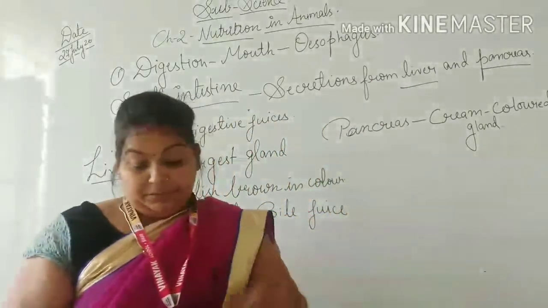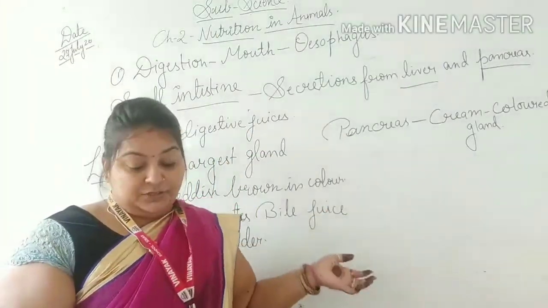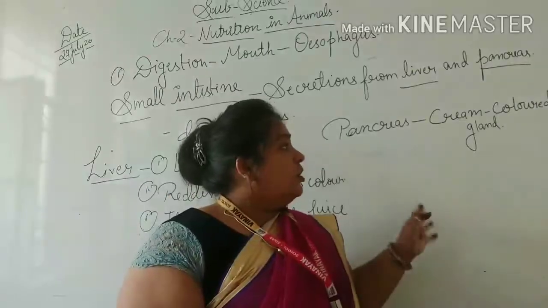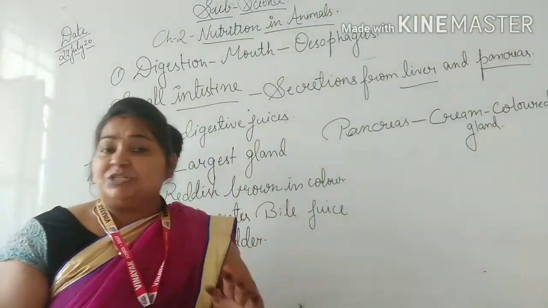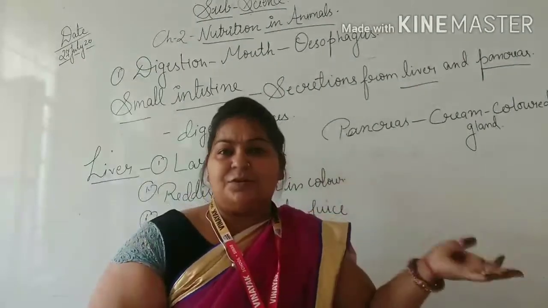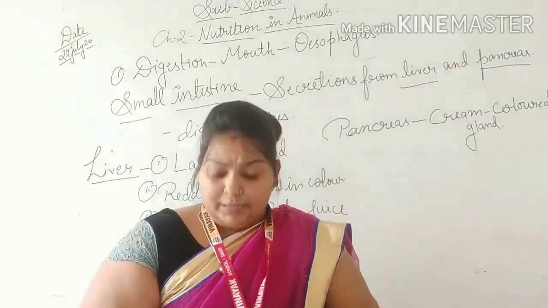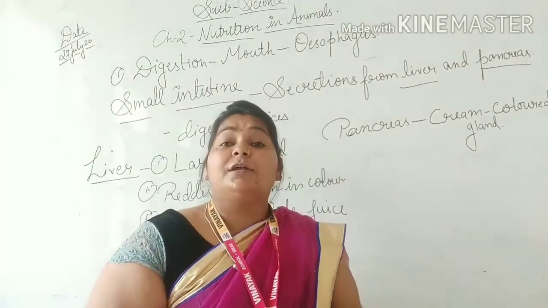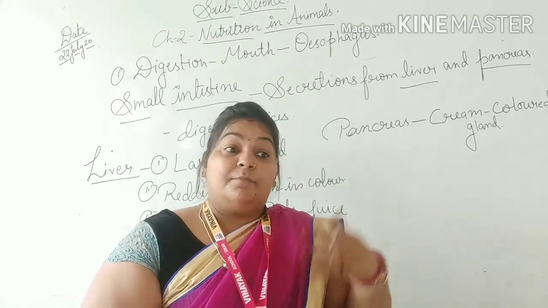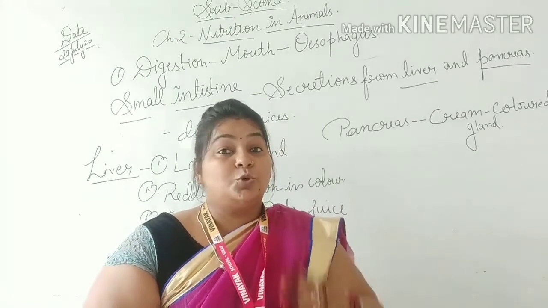As a result of digestion in the small intestine, all the components, carbohydrates, vitamins, proteins, fats, are broken down into simpler forms. In what way do they come?